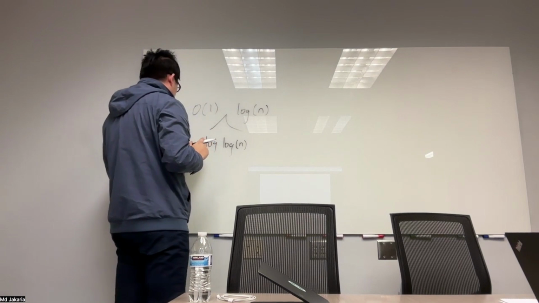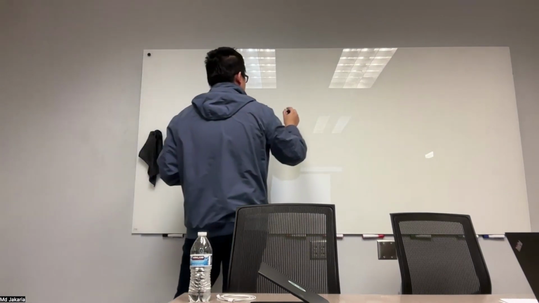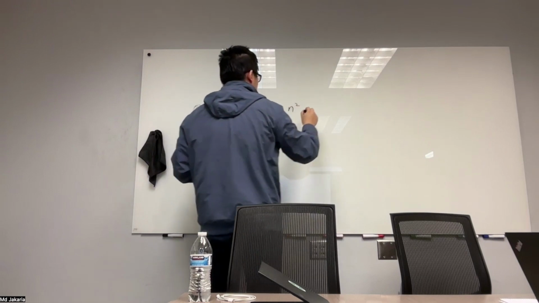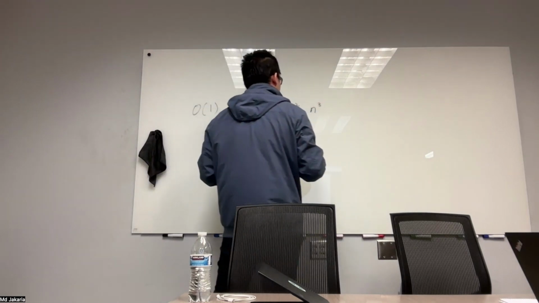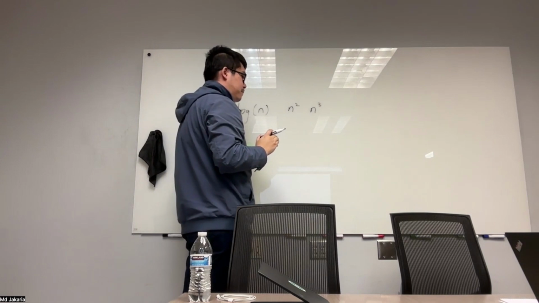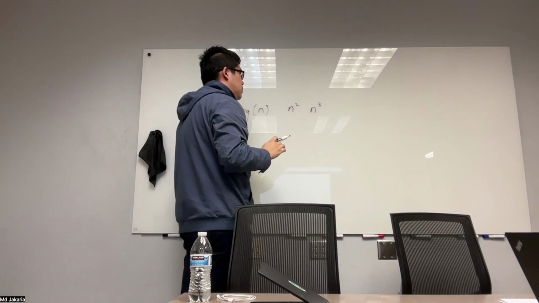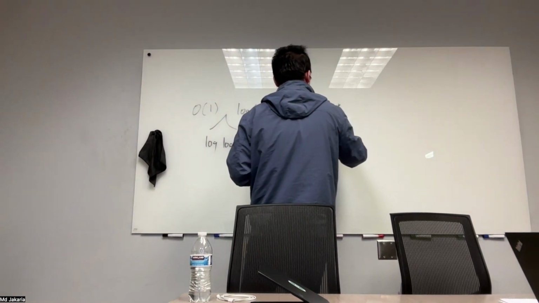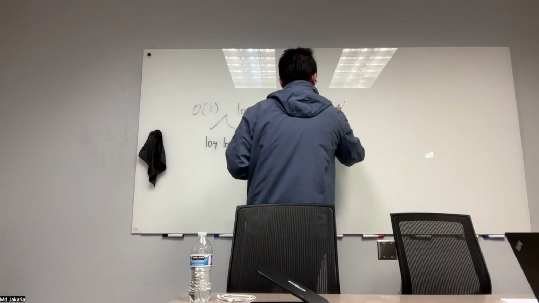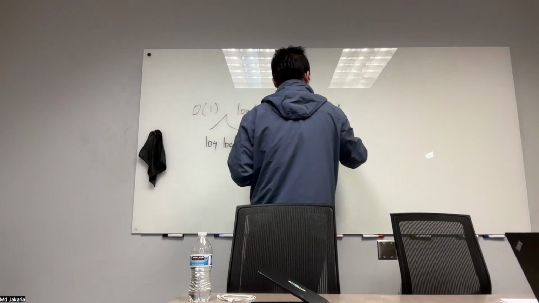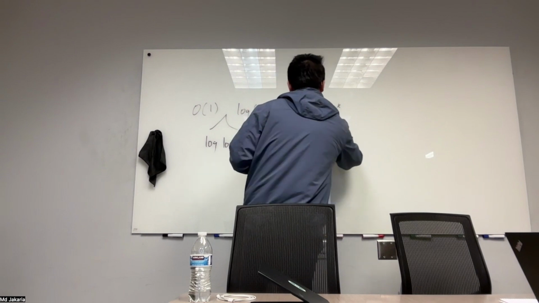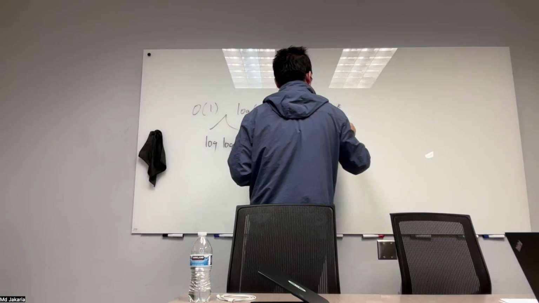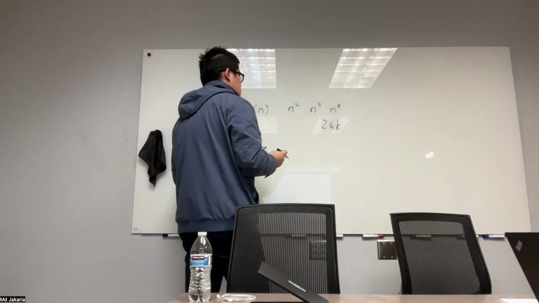Most likely, the next one you are going to see is n squared, or n cubed, for any polynomials. So n^k for some k, where k is greater than or equal to 3.